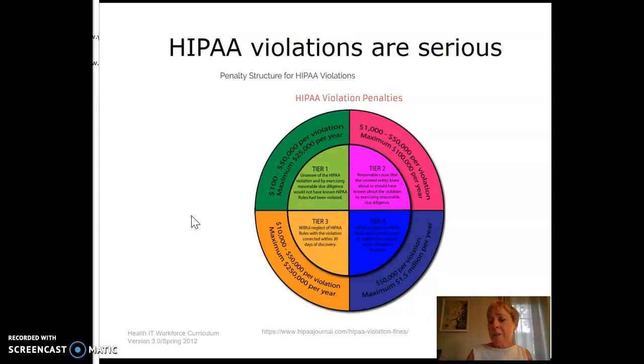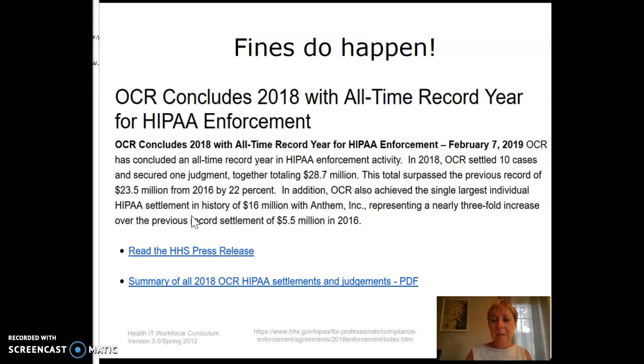One of your assignments, you're going to look at HIPAA violations and the fines that have resulted. So fines do happen. The OCR, now go back to week 1. The OCR is the Office of Civil Rights. They're the ones who do the investigations of HIPAA violations. And they concluded 2018 was an all-time record year for HIPAA enforcement.